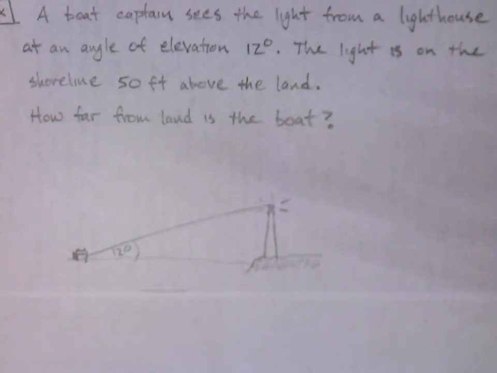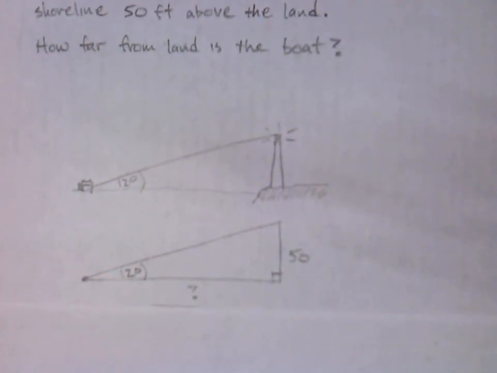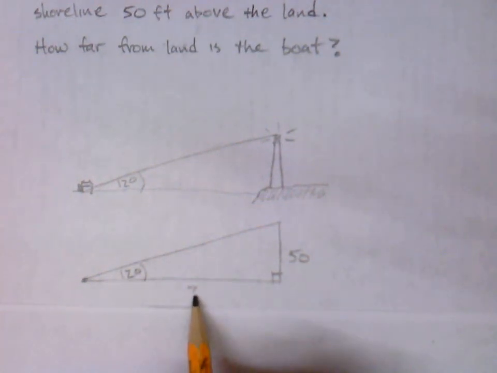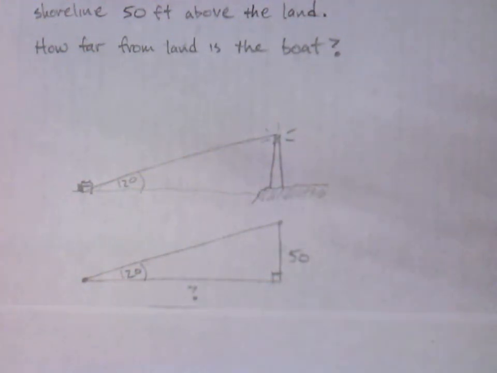Okay, so how far is he from land? That'd be good to know. Well, let's simplify this drawing a little bit. If I make a right triangle instead, I've got my angle. This is what I would like to know. And I know that that light is 50 feet above the land.